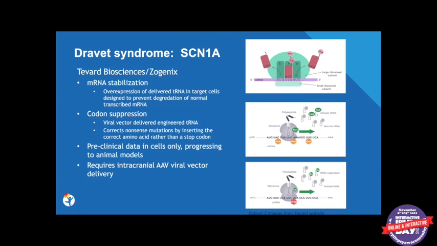Another approach suppresses codons that contain stop or nonsense mutations by giving transfer RNAs that correct that amino acid sequence. The preclinical data for this particular technology has been shown in cells only and is moving towards animal models and is again delivered by a viral vector. Next slide.